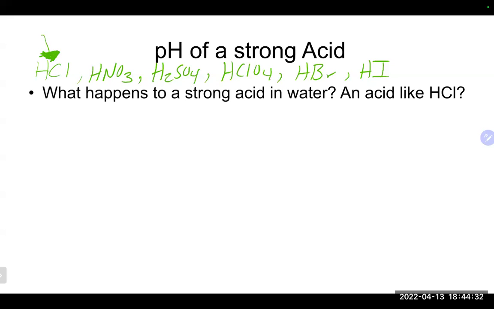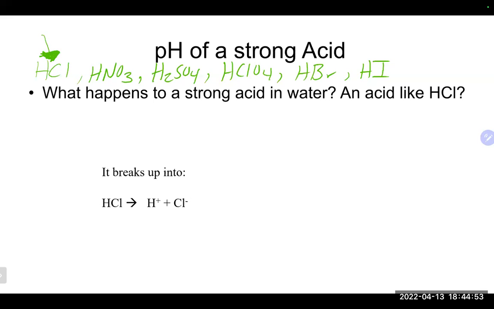But so this list of strong acids basically breaks apart 100%. Because it's a strong acid, it's a strong electrolyte. When it goes for a swim in the solution, it will 100% break apart into H plus and Cl minus in this particular case.